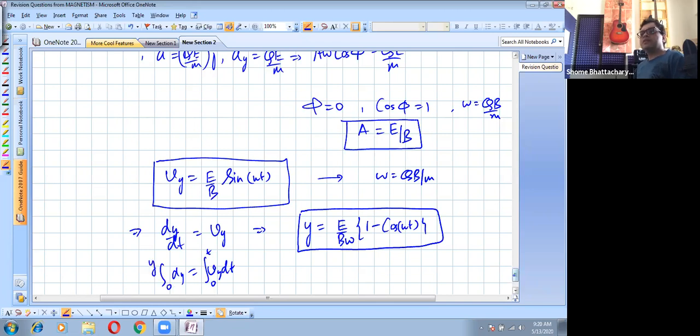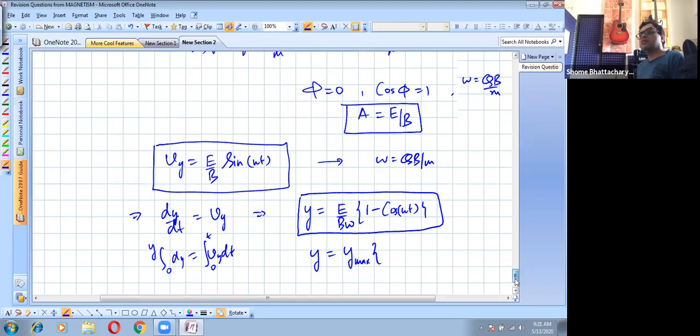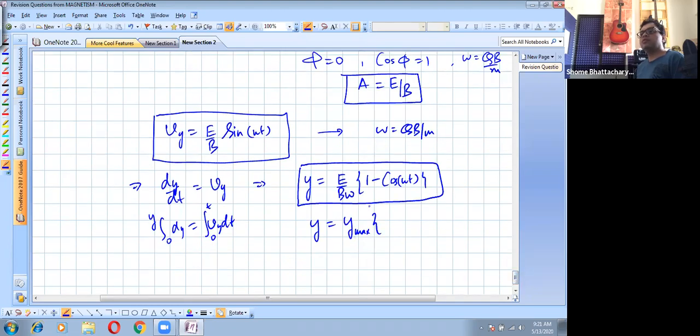But actually even that is not necessary here. What is more important is, so you can think of y as some kind of y maximum. Actually it's more like y maximum by 2. So from this you can see that the y coordinate varies between 0 and 2 times E by B omega.